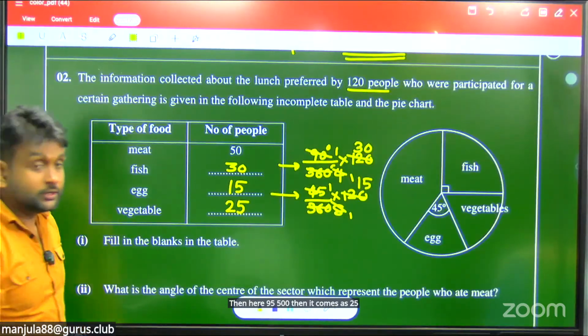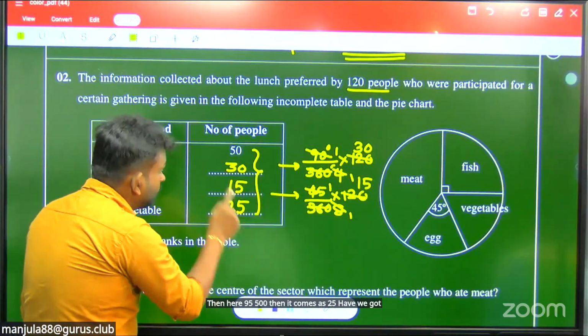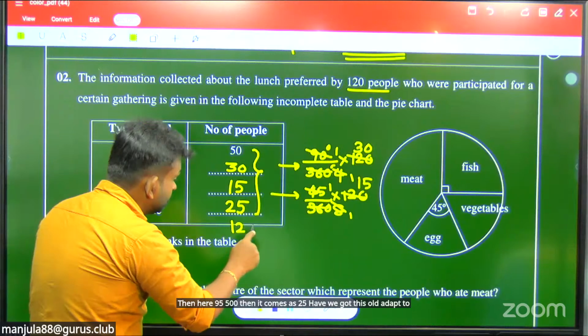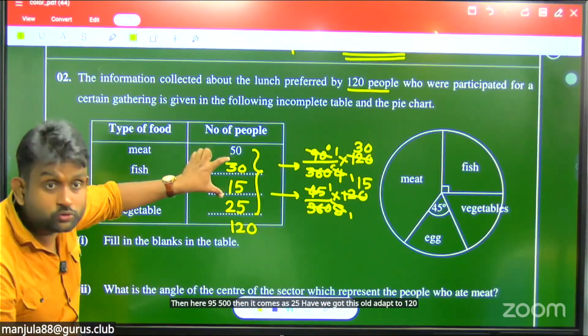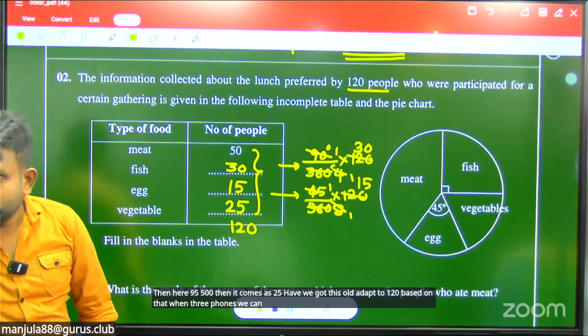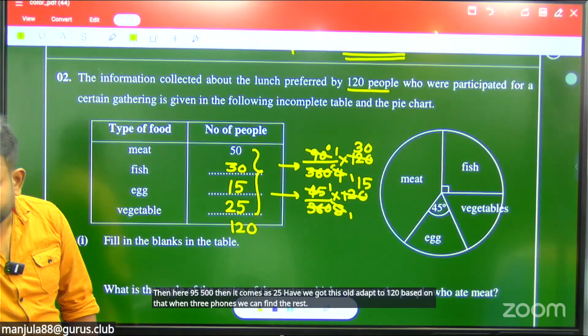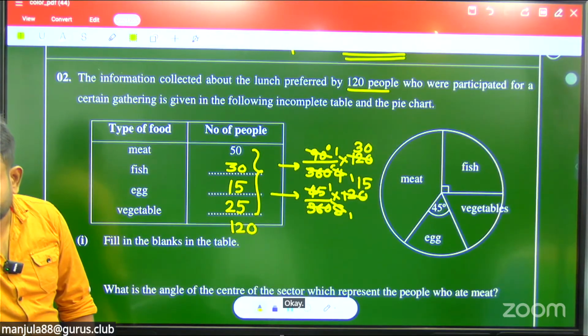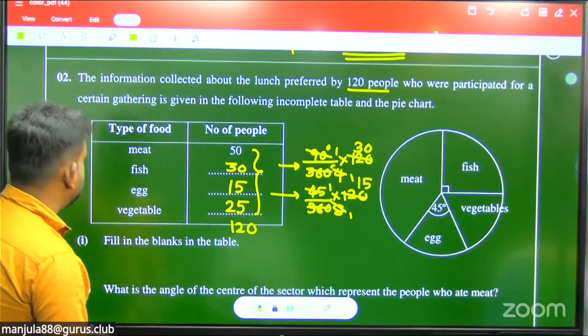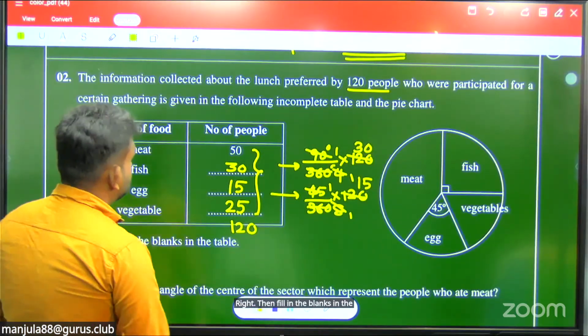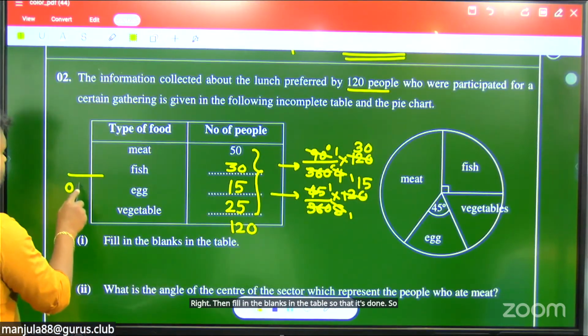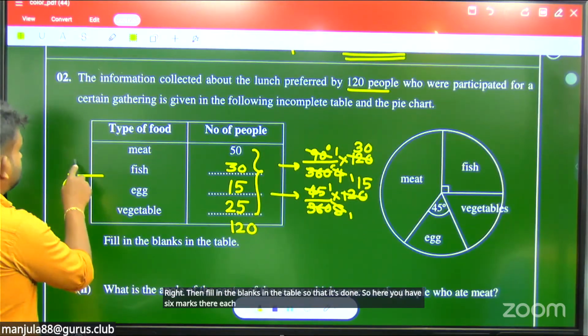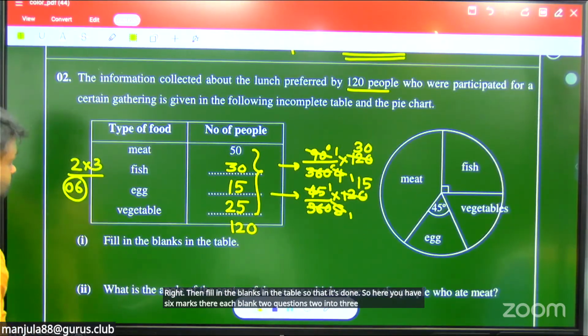These all add up to 120. Based on that, when three are found, we can find the rest. Right, then fill in the blanks in the table. So that is done. Here you have 6 marks. Each blank is 2, so 2 into 3, 6 marks.